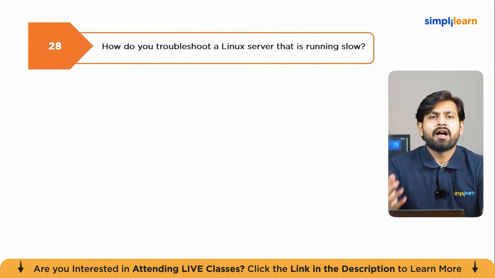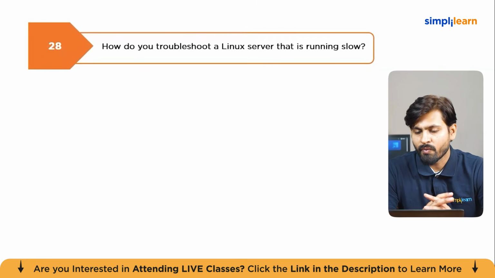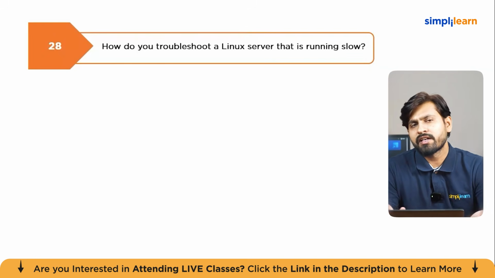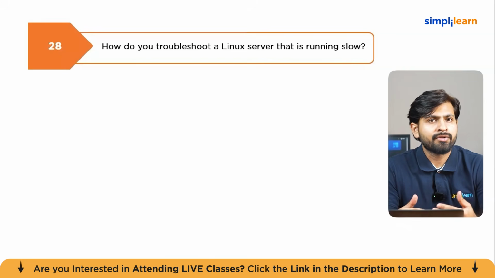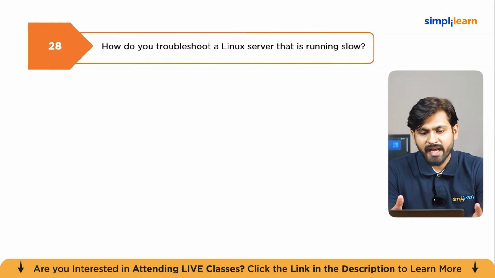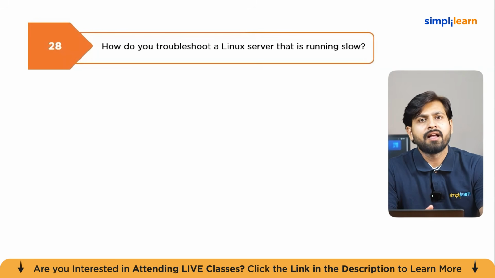Now the next question is, how do you troubleshoot a Linux server that is running slow? Very practical and very interesting question, guys. Some of the questions might be asked in the interview based on the kind of work which you will be doing or which you are already doing. So the answer for the same is, first check CPU, memory, disk, and network usage using tools like top, free, iostat, vmstat, or df -h.